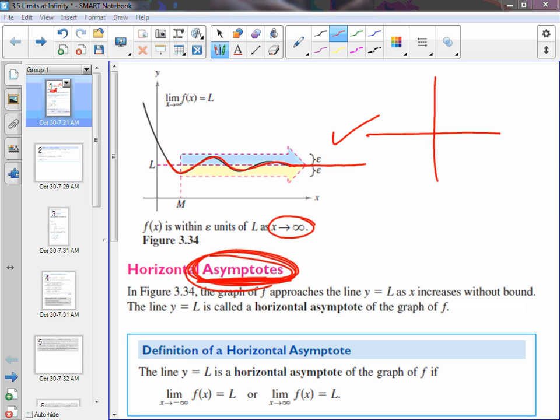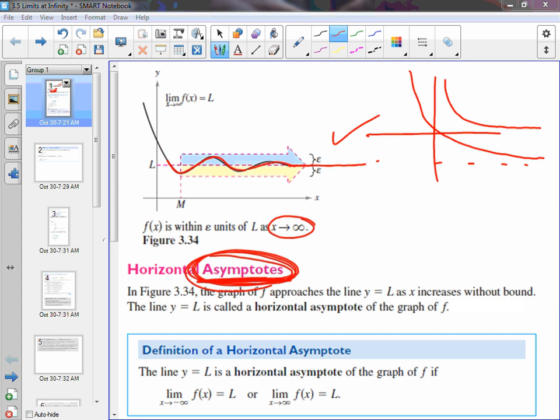If that's our coordinate plane, if we have a graph that does this, well then y equals 0 is a horizontal asymptote. It doesn't have to be 0. It could be y equals -2 or whatever that is the horizontal asymptote. So the way we find a horizontal asymptote is we find what the limit as x approaches infinity is.